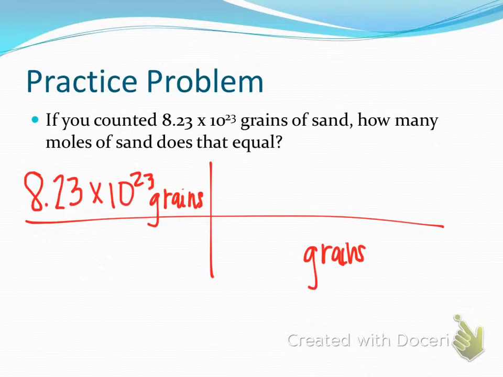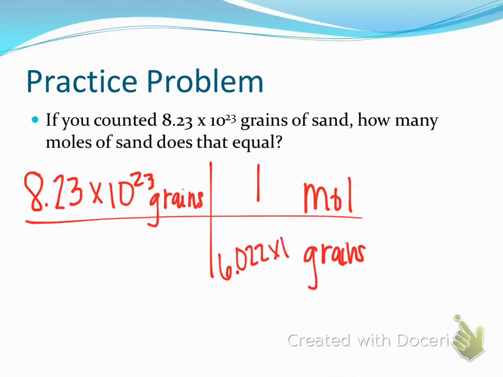And I want to go to moles, or just MOL. Okay, and what do we know about moles? It always gets the 1. And how many grains are in 1 mole of something? Yep. All right, so now we do the math. Multiply across the whole top, divide by the whole bottom.